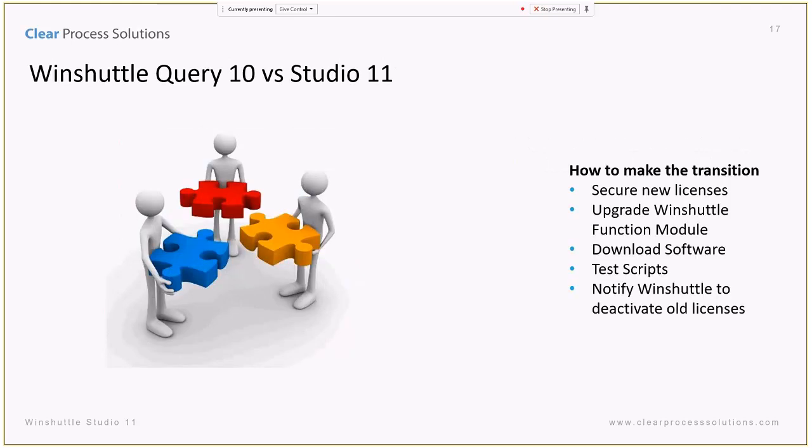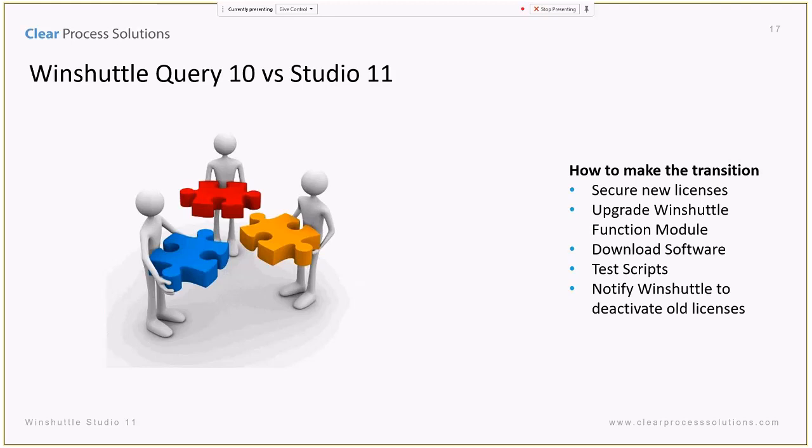Although this upgrade will probably be coordinated by your company's Winshuttle sponsor, upgrading is pretty easy. First step is obtaining your new Studio licenses through your company's Winshuttle sponsor and having your IT department install the latest Winshuttle SAP function module. Next step would be to have your users download the new Studio 11 software.